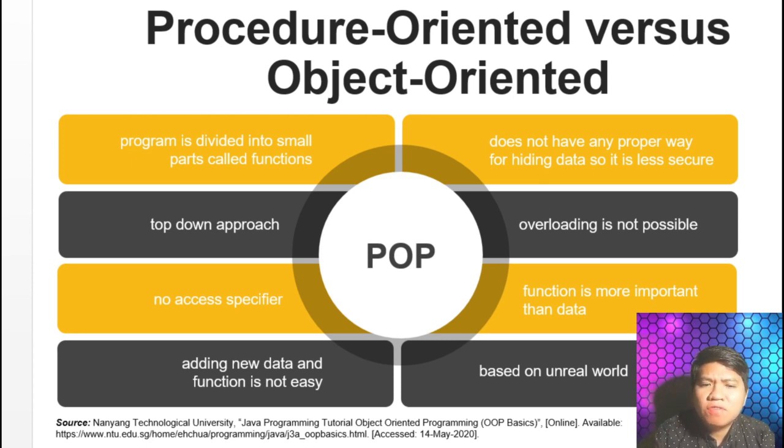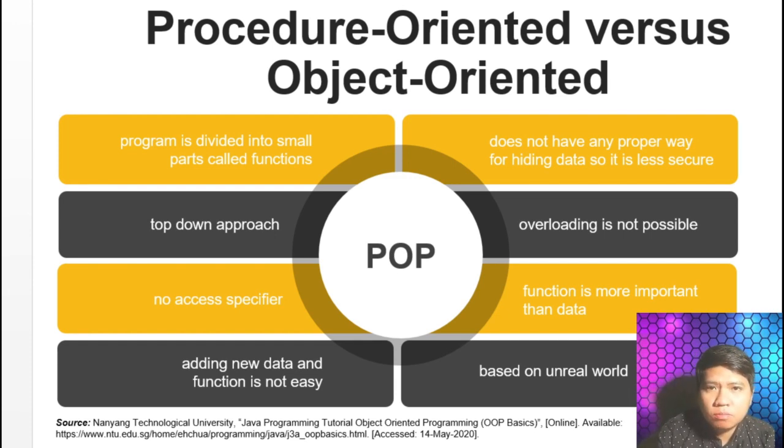It does not have any proper way for hiding data, so it is less secure, because in procedure-oriented, we don't have the concept of encapsulation and abstraction. Unlike in OOP, we have that concept.